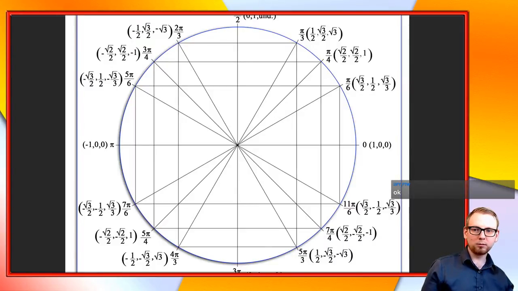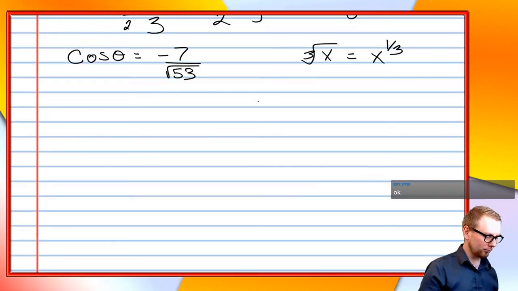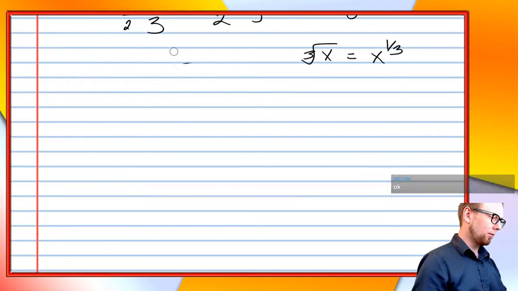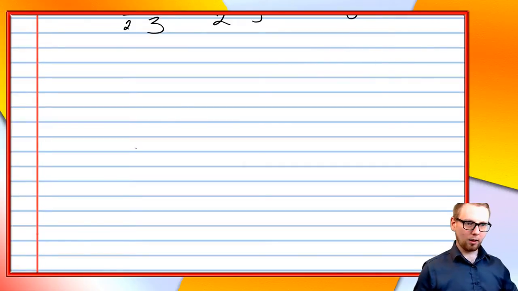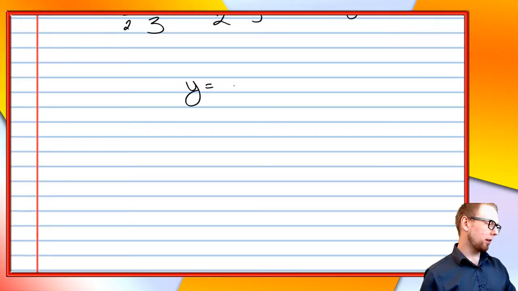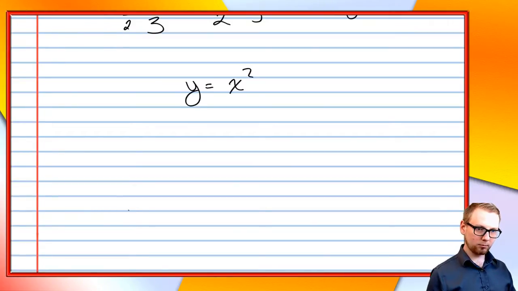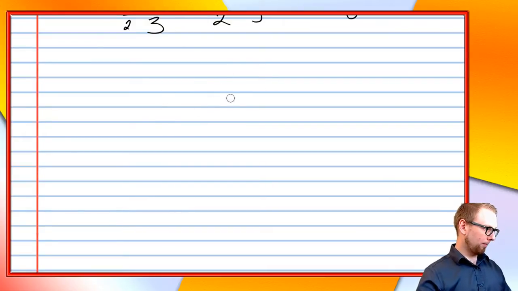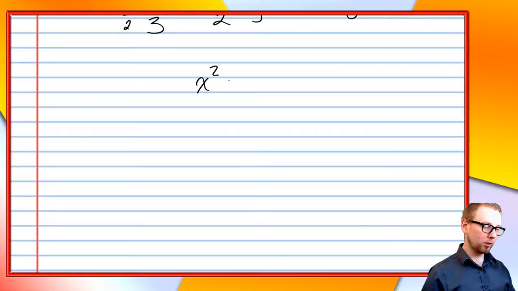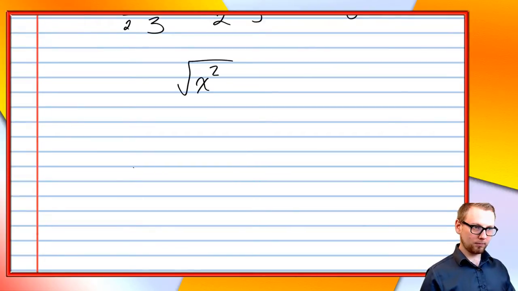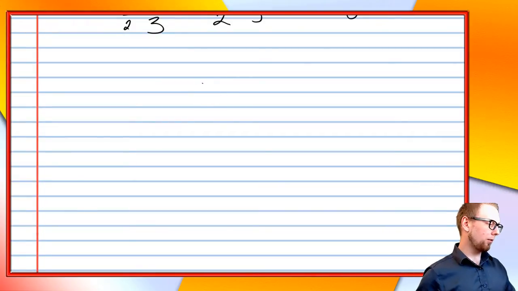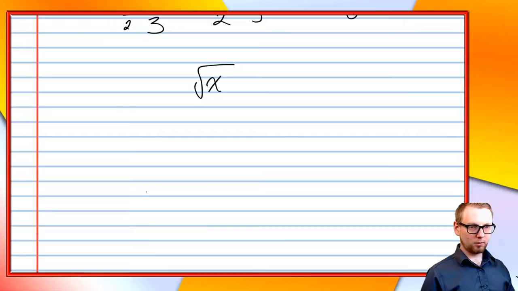However, for example, if I say y equals x squared, and then we square root it... If I have a number x, and I take the square root of it, let's call it a, then this is going to be a plus or minus, right?